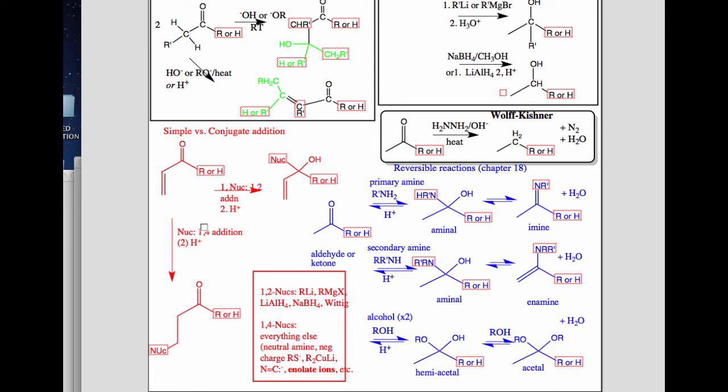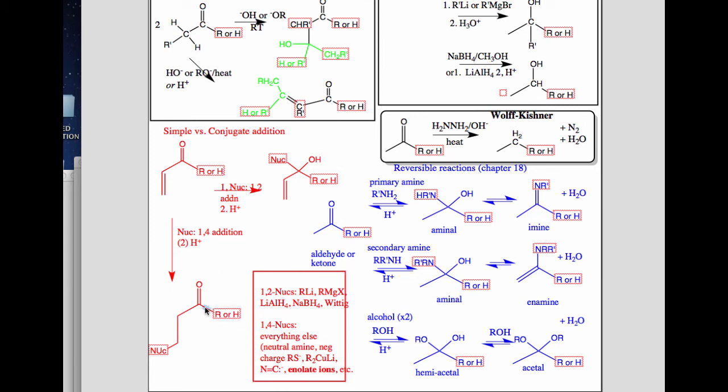On the other hand, weaker nucleophiles, those that add reversibly, add predominantly to the beta position. They can also add to the 1,2 position, but that first reaction tends to be reversible, and we end up getting sucked down to this 1,4 addition product.